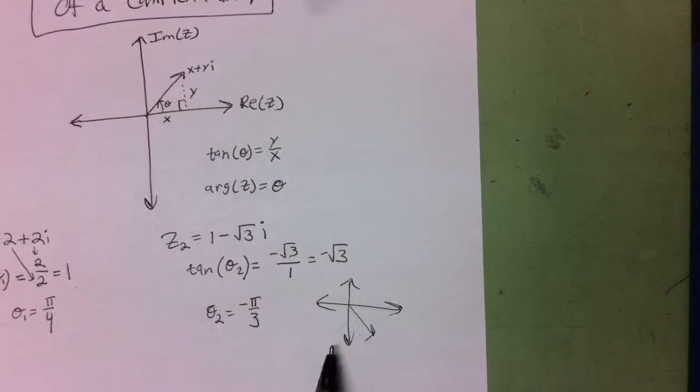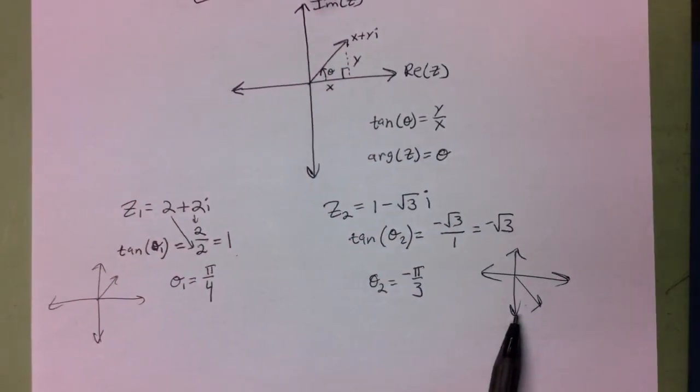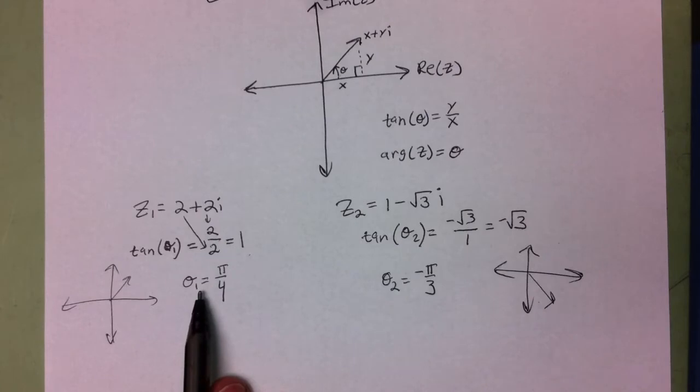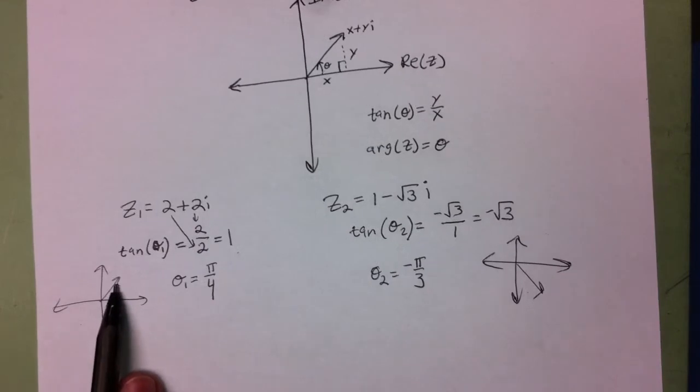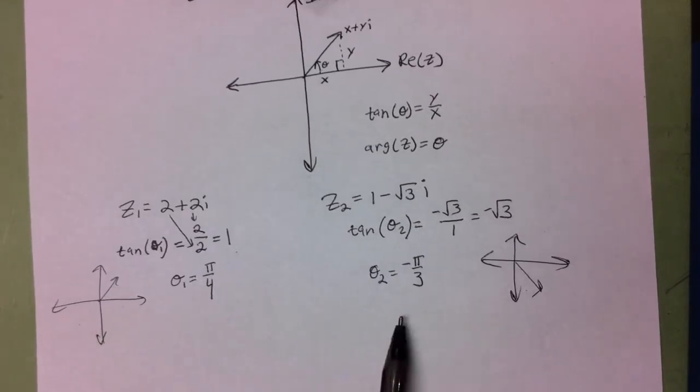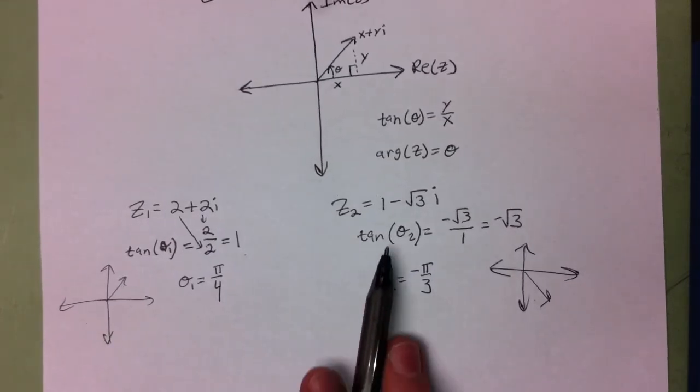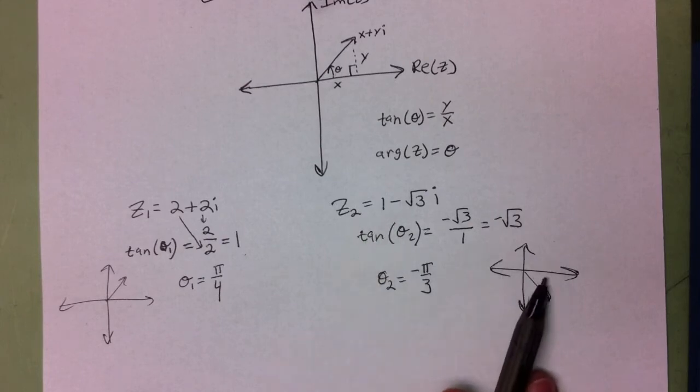So what this means is that the first complex number is a pi fourth rotation above the real axis, and since this angle is negative, we know that our second complex number is pi thirds of a rotation below the x-axis.